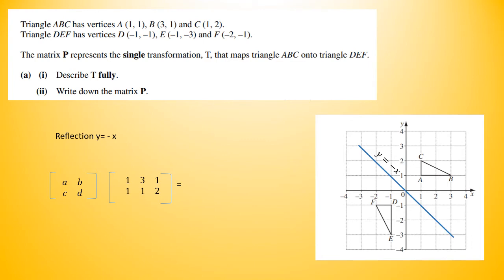Then you write down the coordinates of triangle ABC in x, y form. In the first video, I discussed how to write the coordinates in the x, y form. So point A is (1, 1), point B is (3, 1), whereas point C is (1, 2).